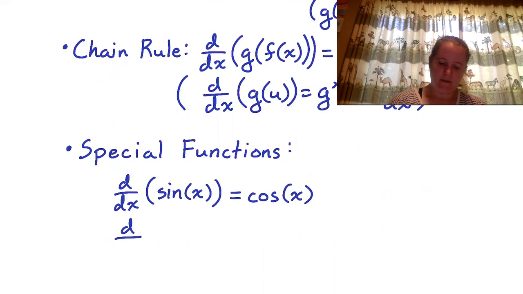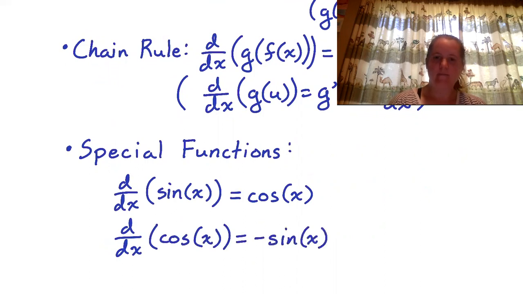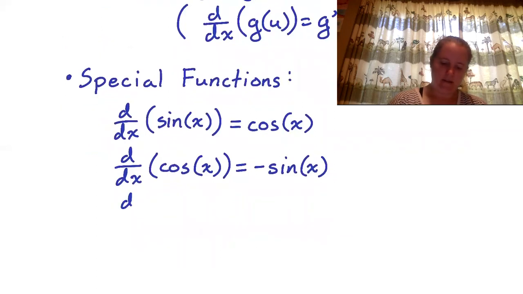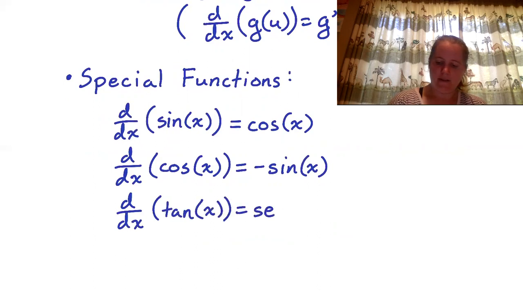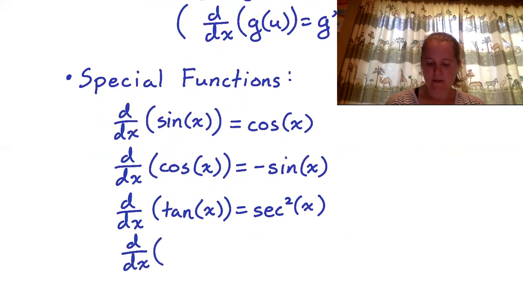The derivative of cosine of x was negative sine of x. The derivative of tangent of x was secant squared of x, and the derivative of cotangent of x was negative cosecant squared of x.